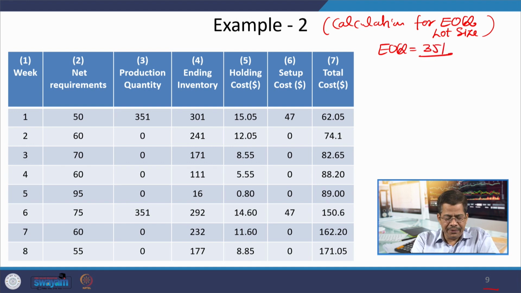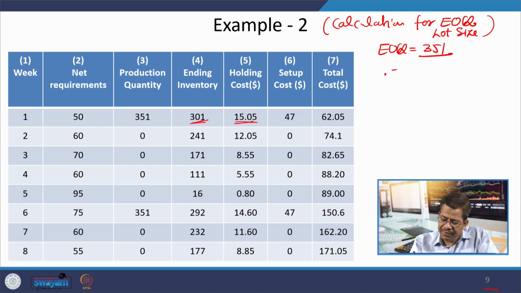Now, in the first week when my requirement is 50, my production quantity is 351, and here I am ending with 301 units. These 301 units will be held in my stock, and the weekly holding cost will come at the rate of half a percent of material cost.